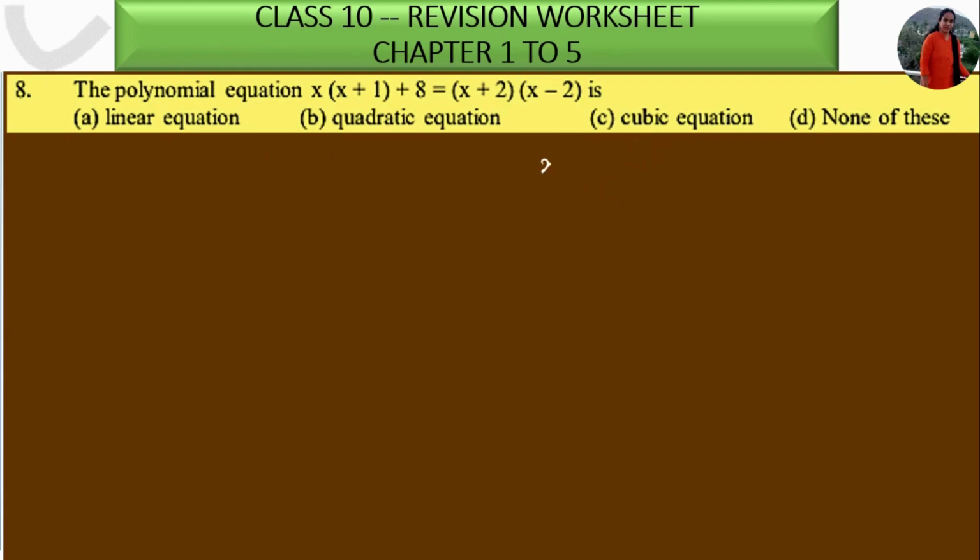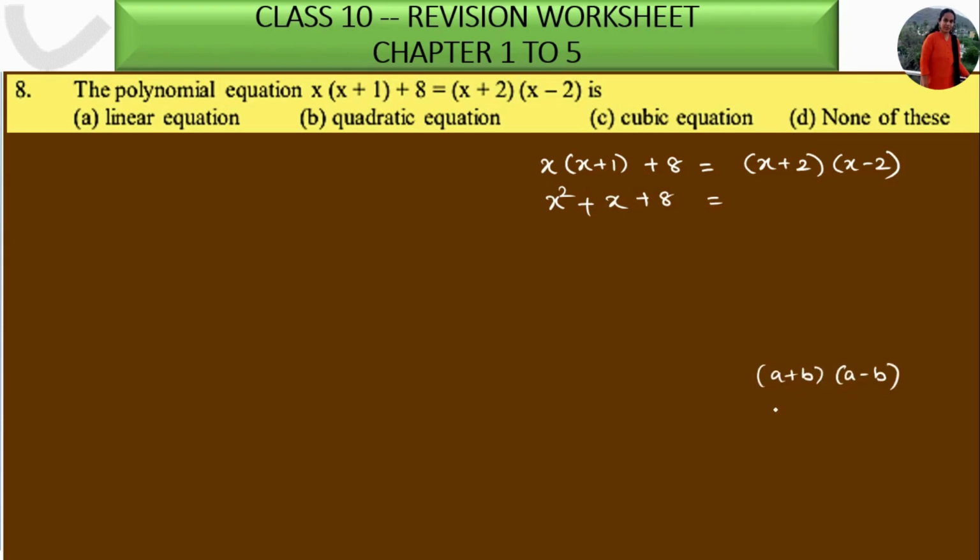It is given that x into x plus 1 plus 8 equal to x plus 2 into x minus 2. Now let us multiply x plus 1 with x. So x into x is x square, plus x into 1, x, plus 8. On the other side, it is of the form a plus b into a minus b.